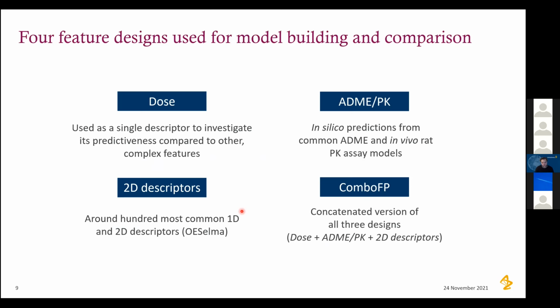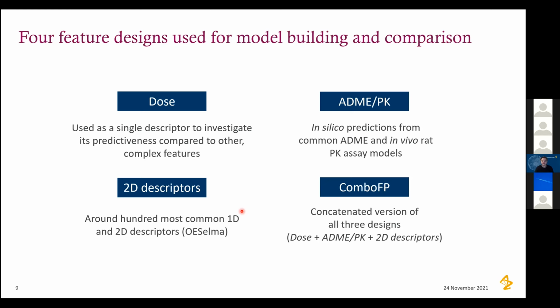And we chose to include this not because we thought this was going to be the most predictive feature set, but rather we wanted to compare this and how it relates to these more complicated feature sets. The second one we're calling 2D descriptors, which is comprised of about 100 1D and 2D descriptors using an internal software called OEselma at AstraZeneca.